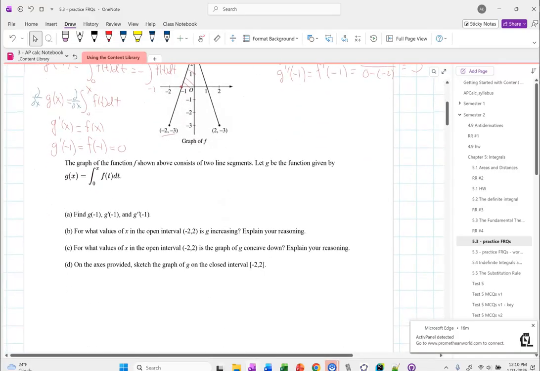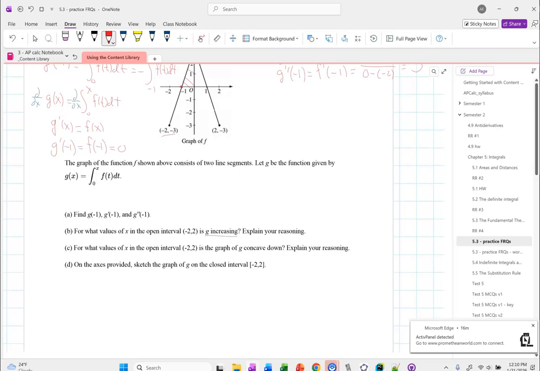Okay. Part B says, for what values of x in the open interval -2 to 2 is g increasing? What does g increasing mean? How would I check for that using calculus? If the derivative is positive. That's correct. And g prime was the same thing as f of x, remember?